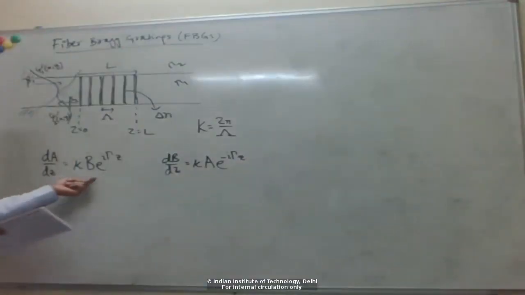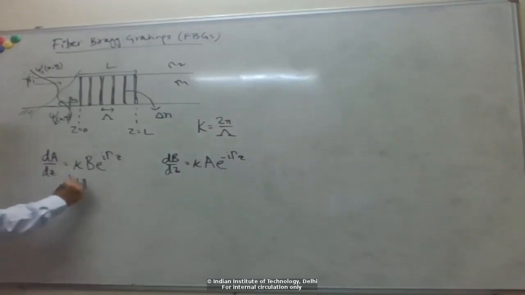We've seen similar kinds of equations before. So we just go ahead and differentiate this with respect to z once more.